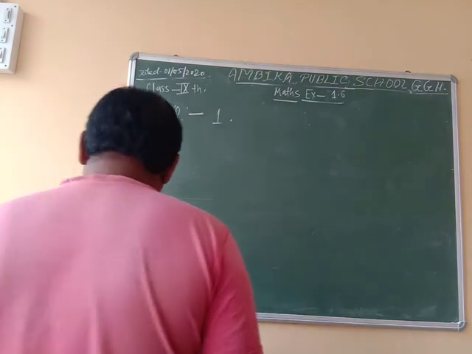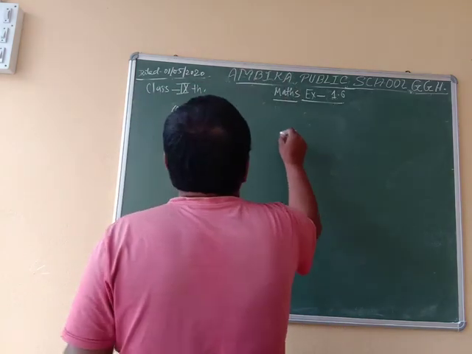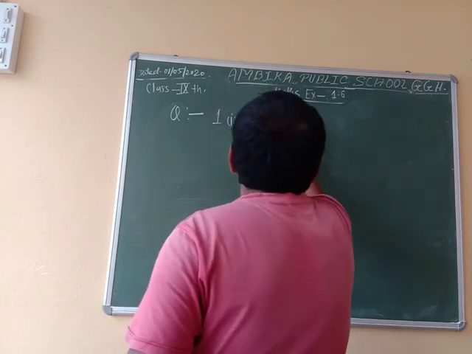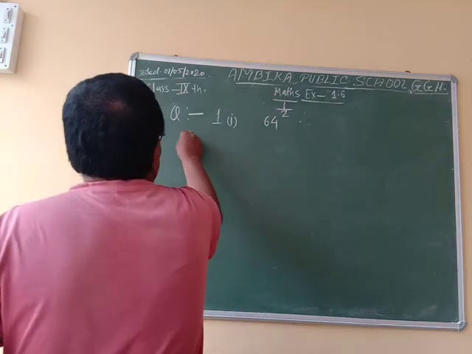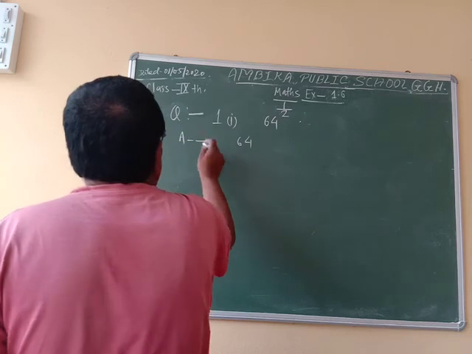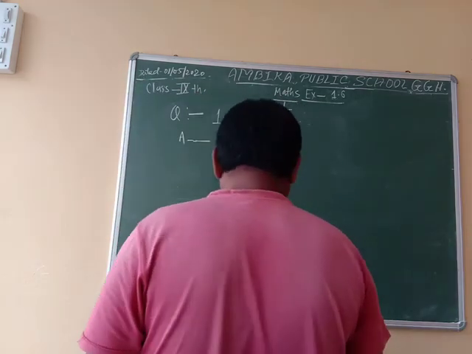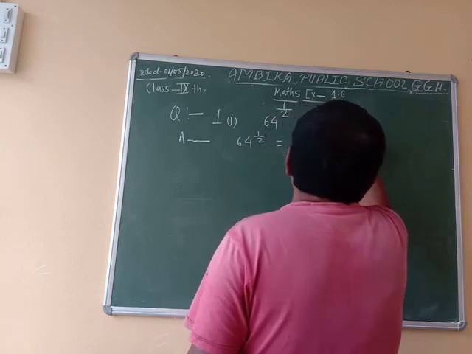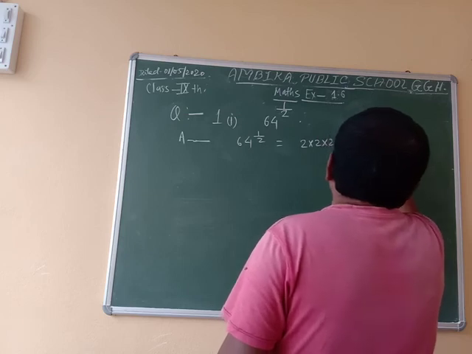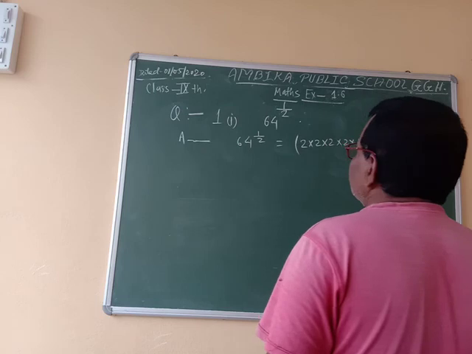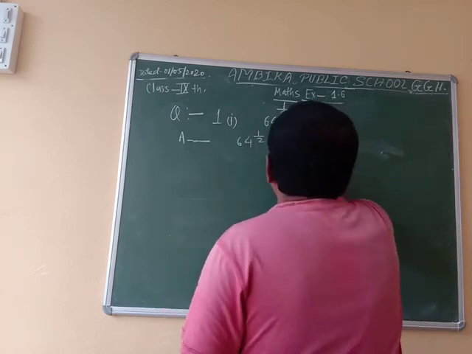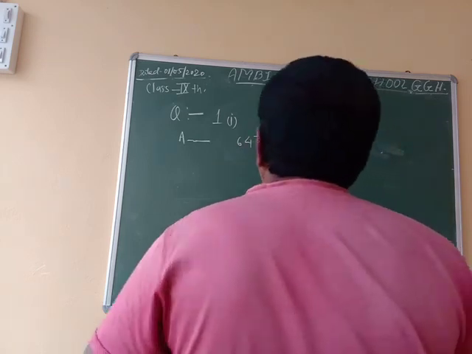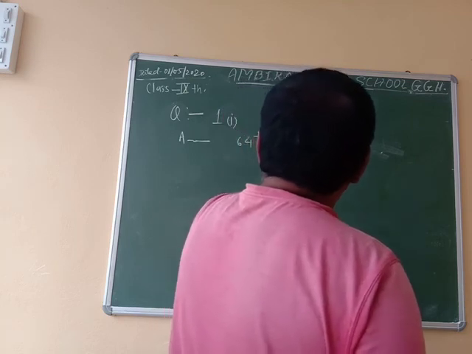We have to find the value of 64 to the power 1 by 2. 64 to the power 1 by 2 is equal to 8 into 8 to the power 1 by 2.